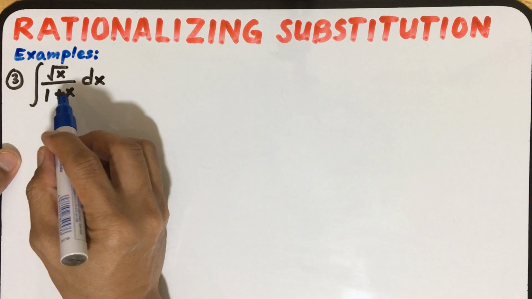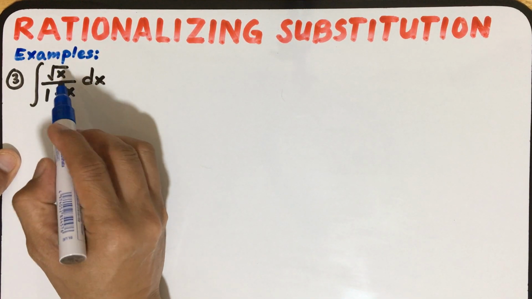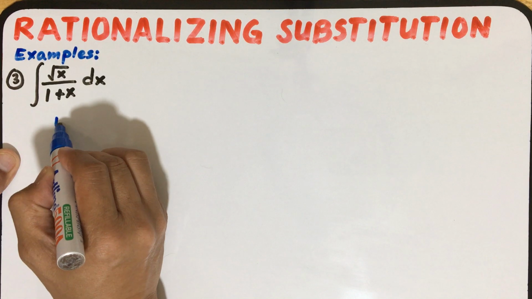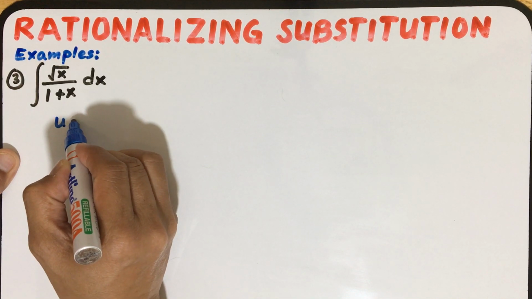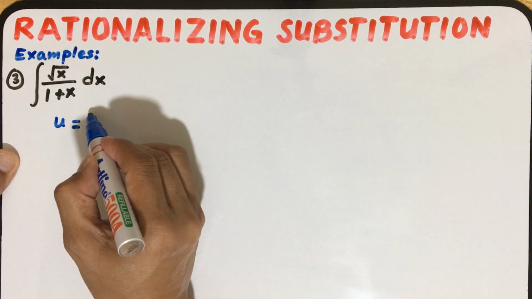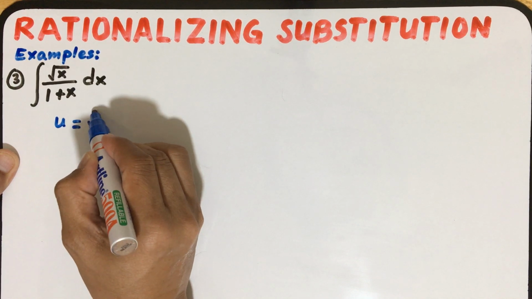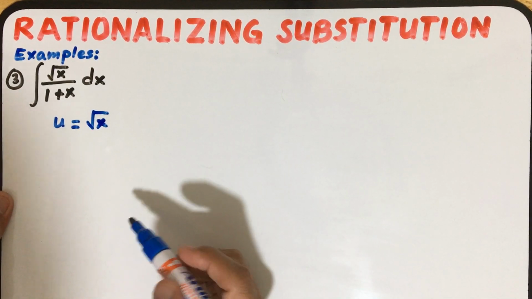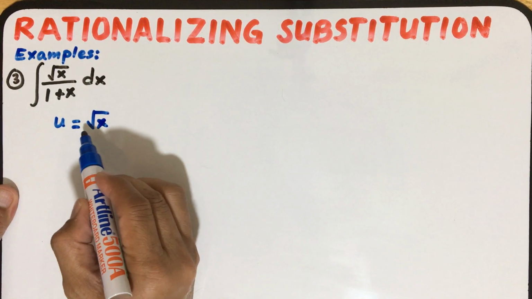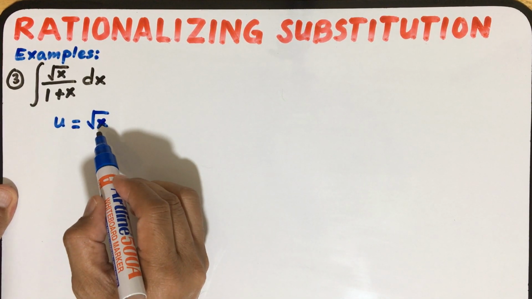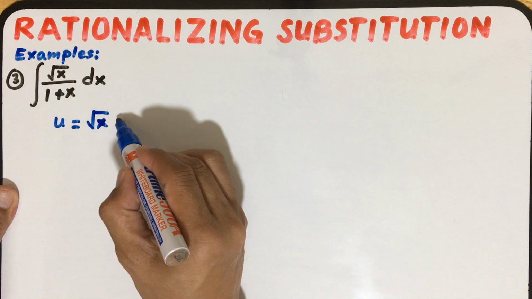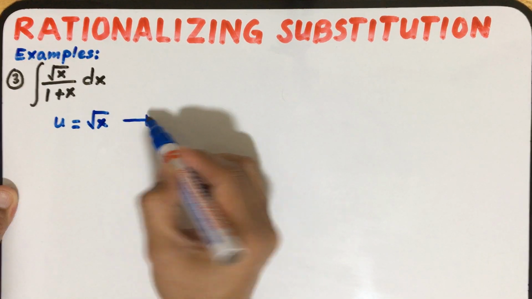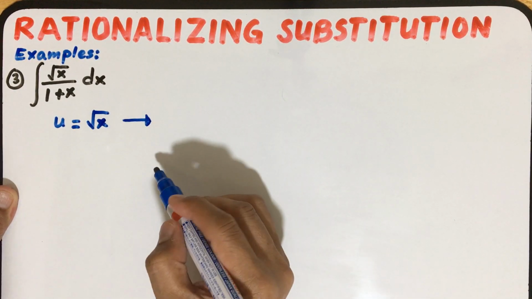So if we let the square root here as our u, so if we let u equal to the square root of x, then from here, if we solve for x, we can solve our x by squaring both sides.